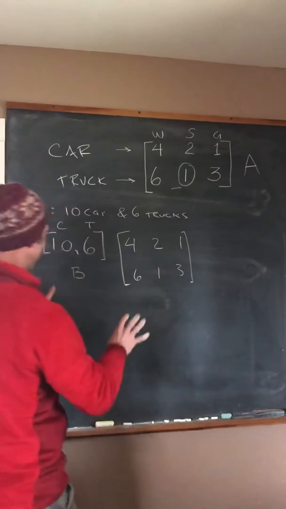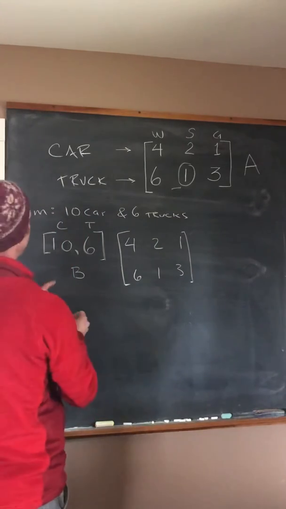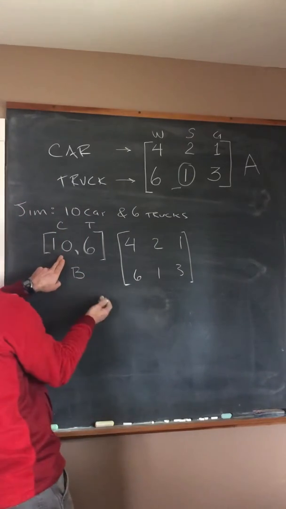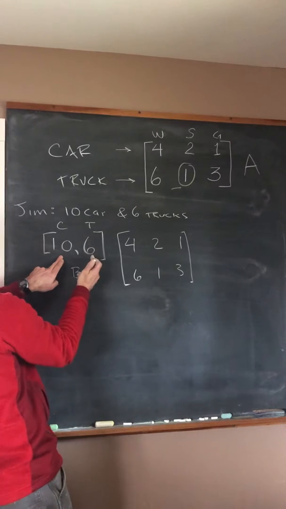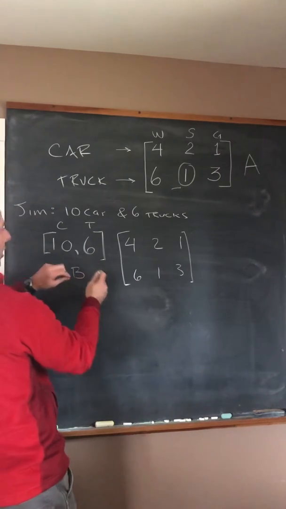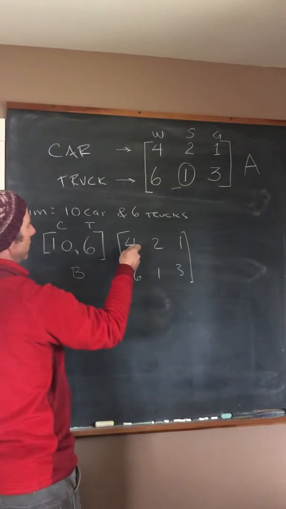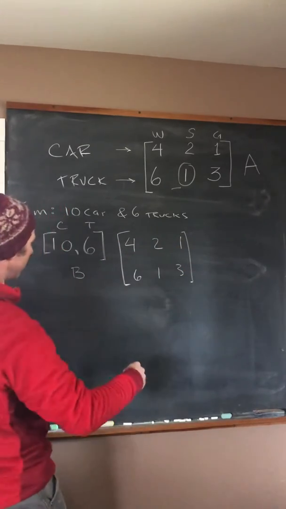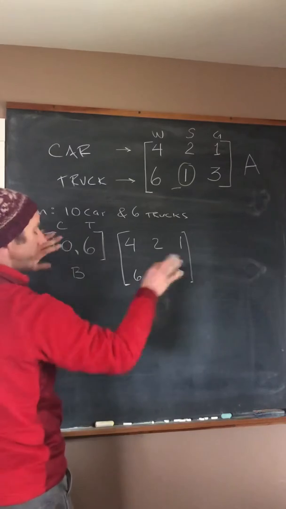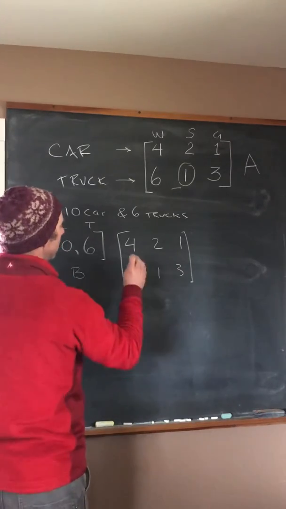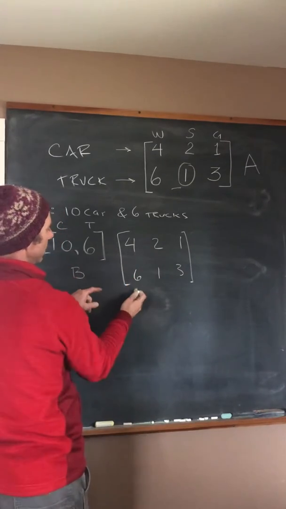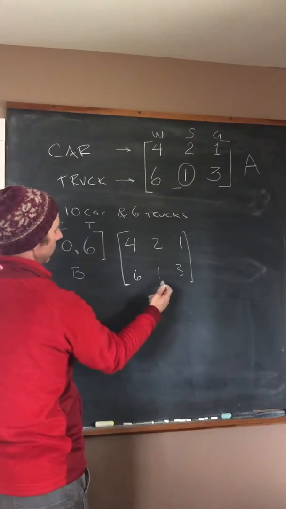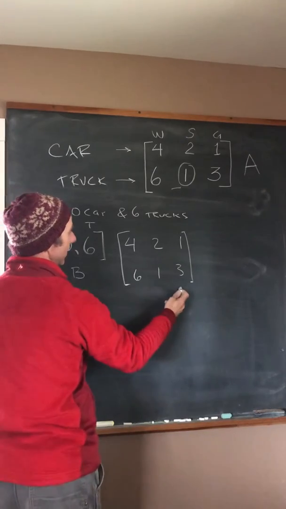So let's go ahead and look at this matrix. We have 10 cars, 6 trucks, multiplied by the cars and trucks. So one's going left and right, one's going up and down. That's okay. This is going to be the wheels, the seats, and the tanks.